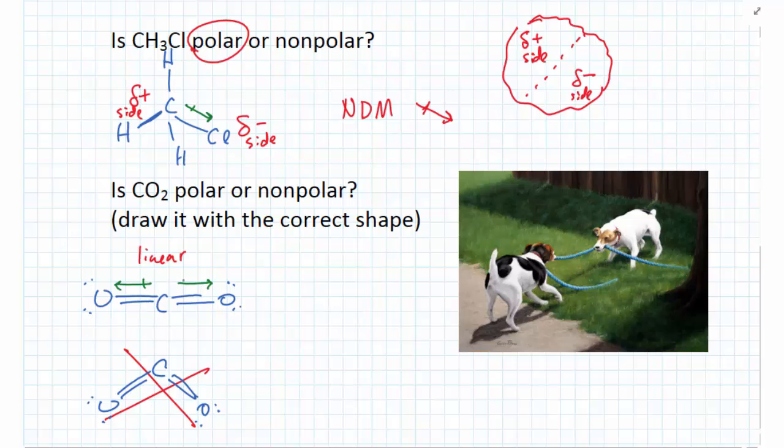Arrow like that. Okay? Partial what on the O? Partial plus on the C. Okay? CO2.